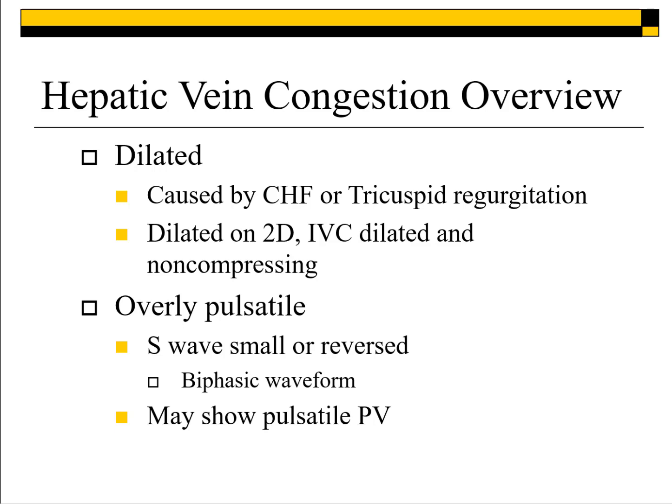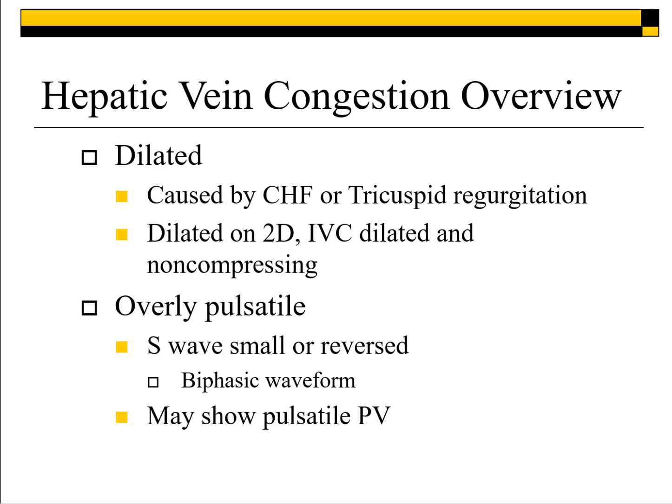As that gets more severe, we have more blood volume in the systemic venous system that's backing up due to the lower function of that right ventricle, which will then also lead to, again, more overly pulsatile hepatic venous waveforms. We're going to discuss this on the upcoming slides in detail, but they're overly pulsatile.